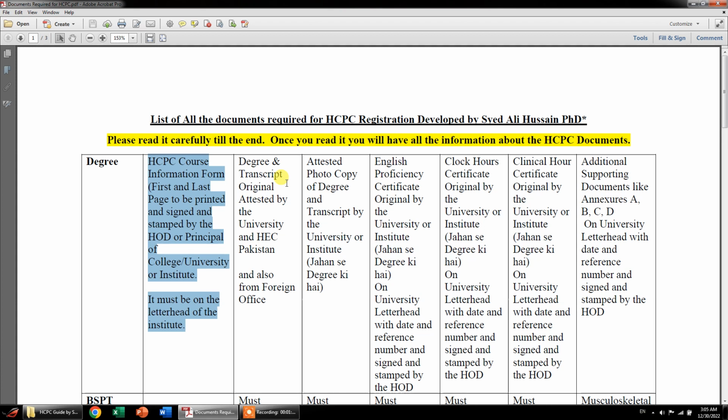If they have done MS and they want the HCPC to consider their MS also, they need to use the documents for the MS separately. So for every degree that you are going to use, you must have all of these documents. So first, start with the documents.